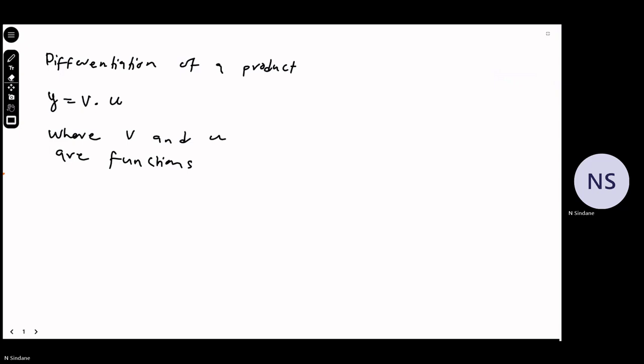When you differentiate this, you can start by differentiating v and keeping u constant, or start by differentiating u and keeping v constant. It doesn't matter as long as you differentiate correctly.